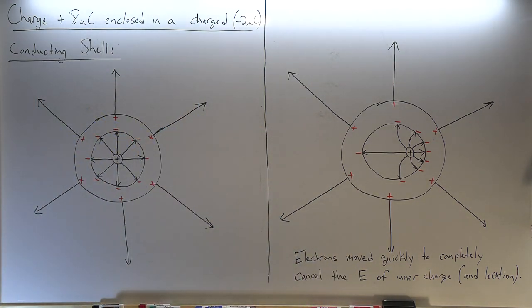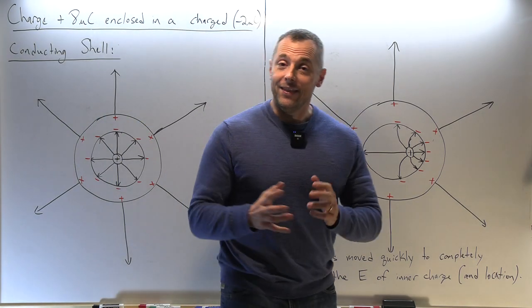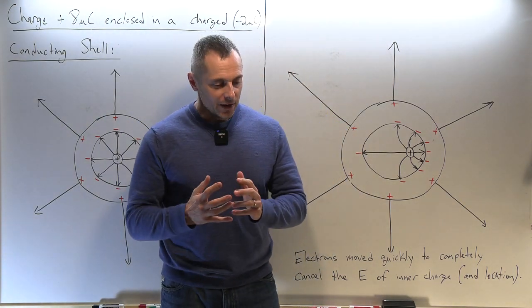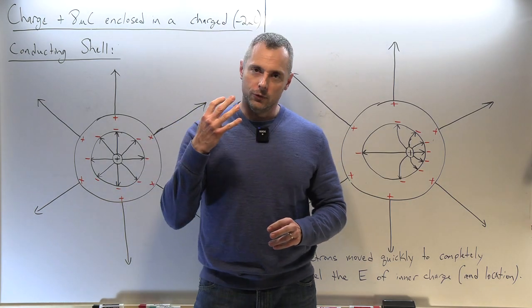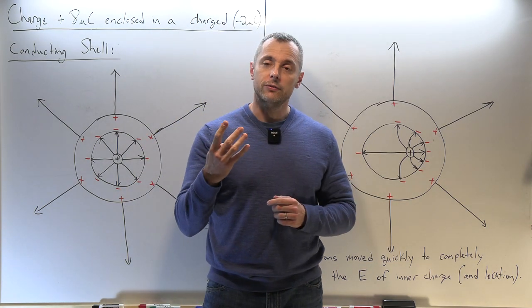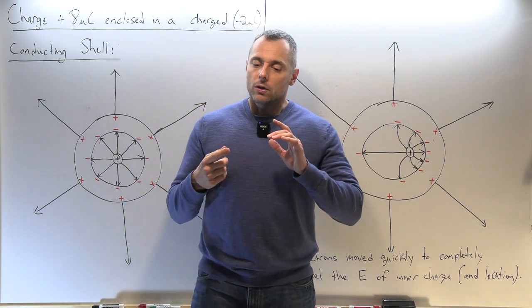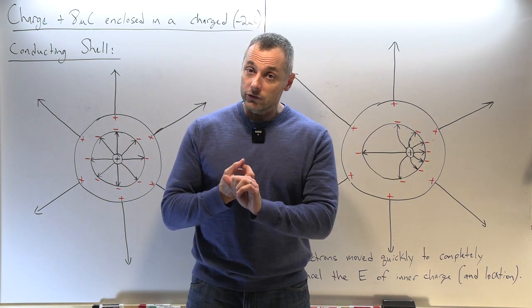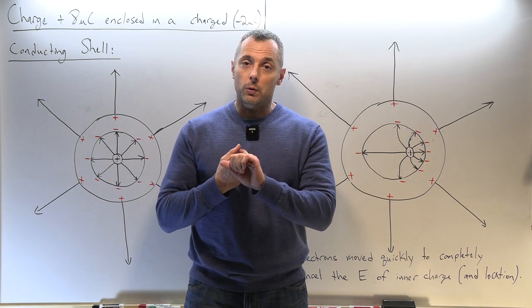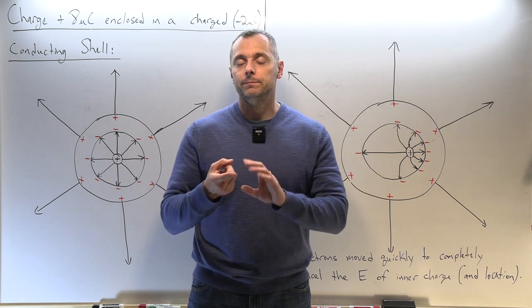So let me create a pause to allow you to catch up with these diagrams. All right, so that's it for today. Again, what we did is we took those 4 ideas of electric field and conductors in static equilibrium. One was that the electric field inside of a conductor is always 0, inside the metal part.